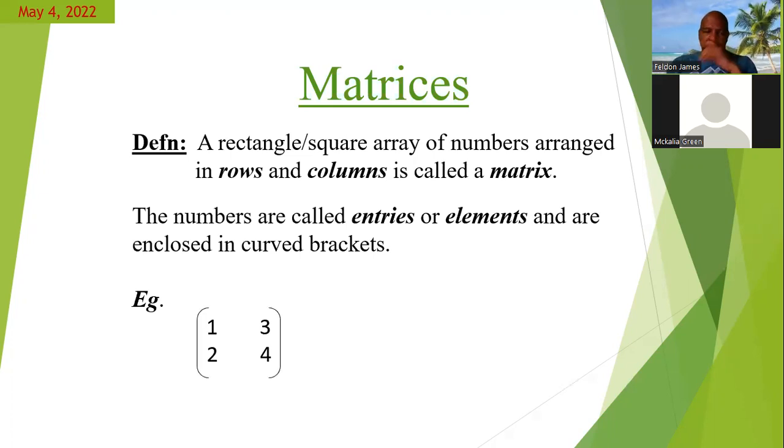And so that's what we refer to as a rectangular array. The rectangular array of numbers are arranged in rows and columns, and this is what we call a matrix. The numbers are called entries or elements, and they are enclosed in curved brackets, as you can see here.